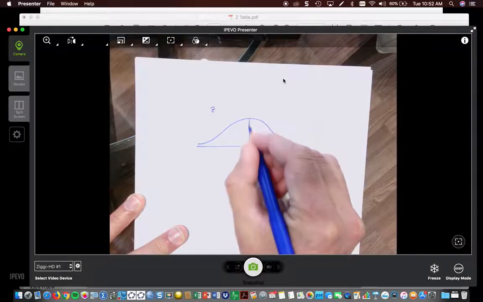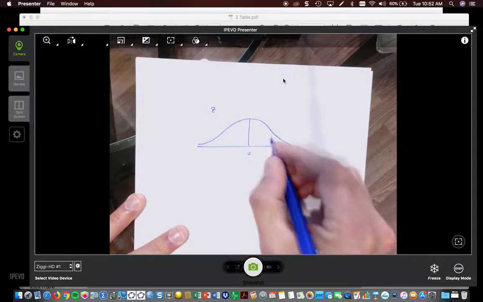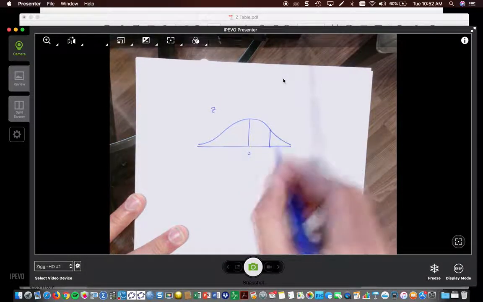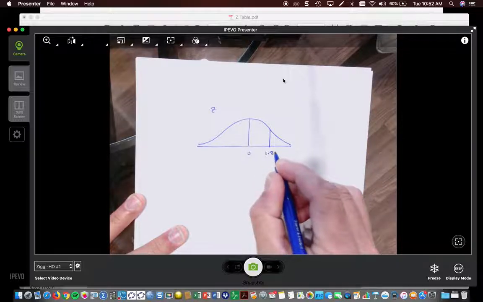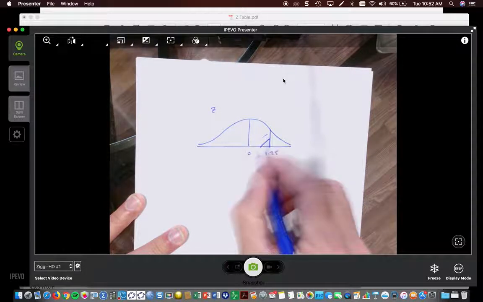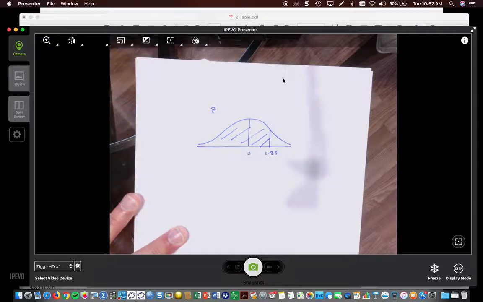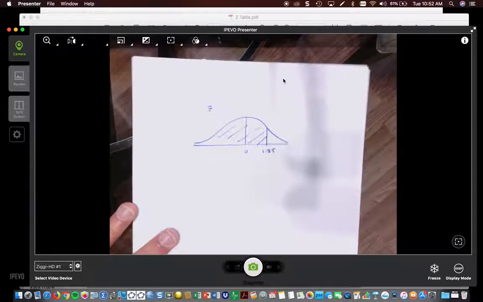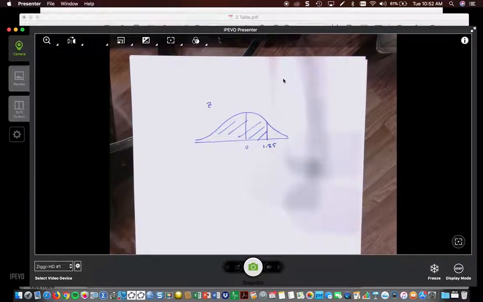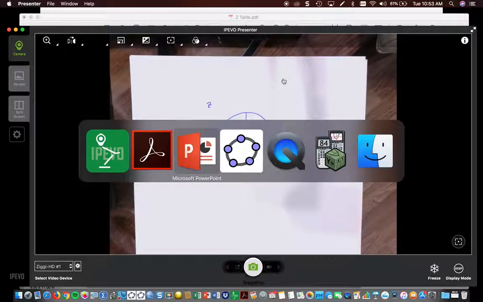The z-distribution is centered at 0, and the question is, if I go out to z equals 1.25 and want to calculate this probability to the left, I have to do that using some method other than the program I've given you. So here's the way that the table works.